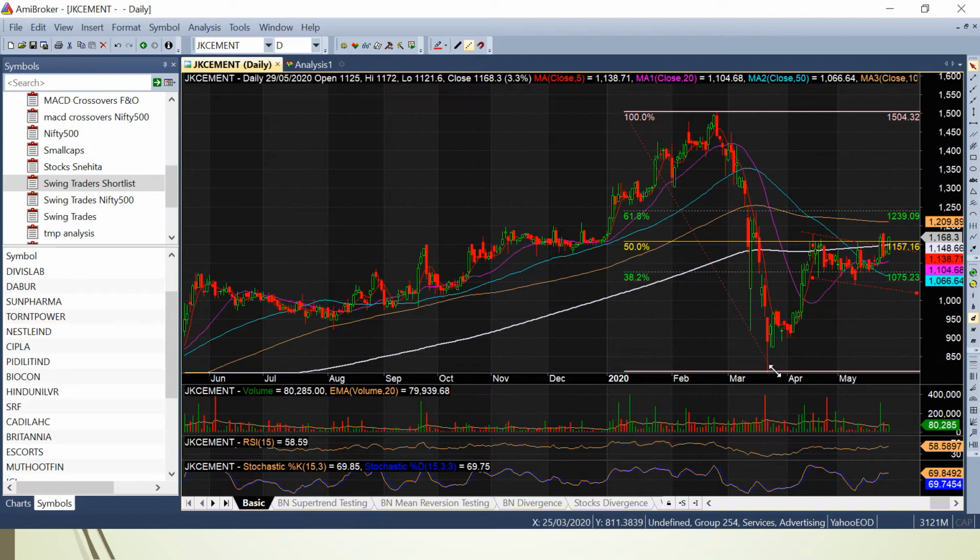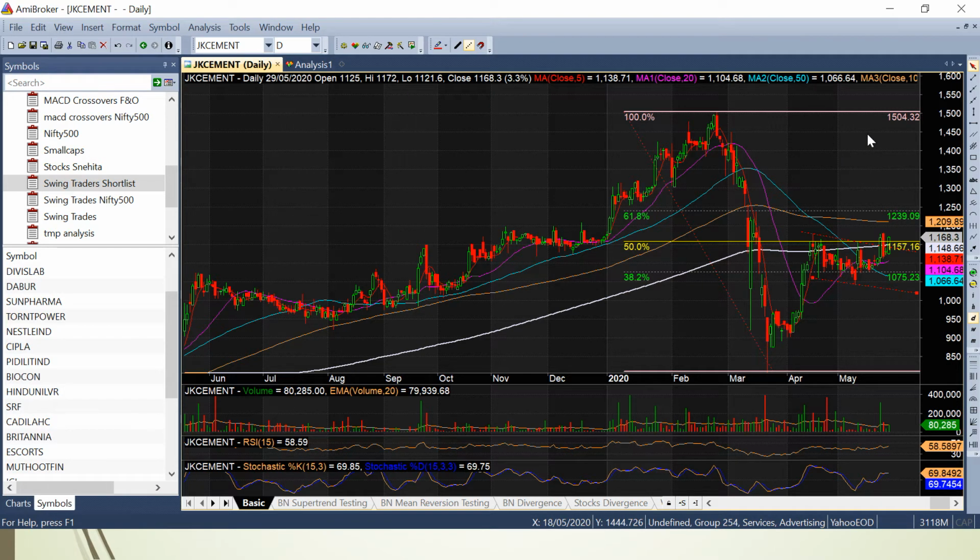Based on this pattern, my target for this trade is going to be the height of this pole pattern. So the height projected from here will go almost till this level somewhere.